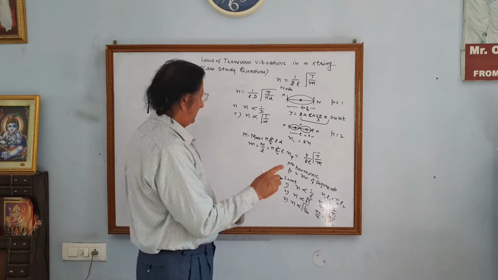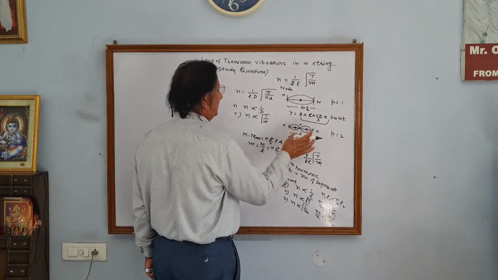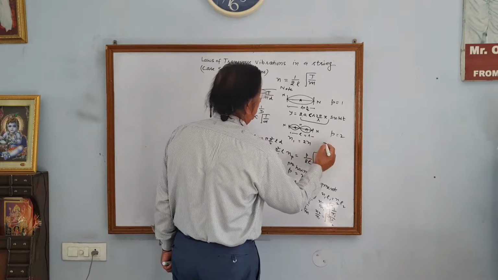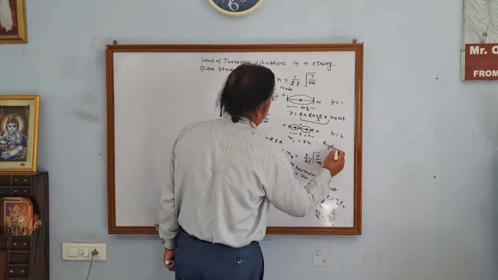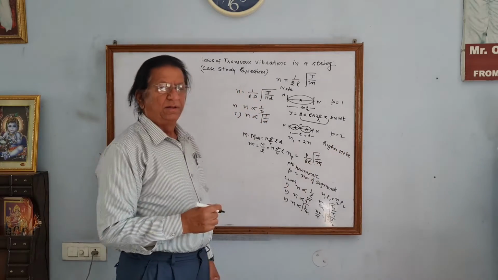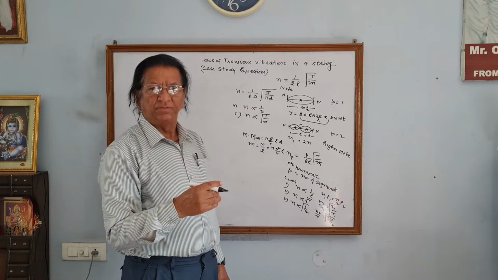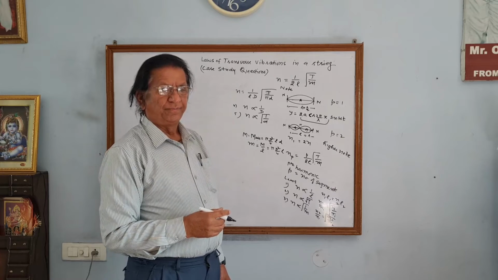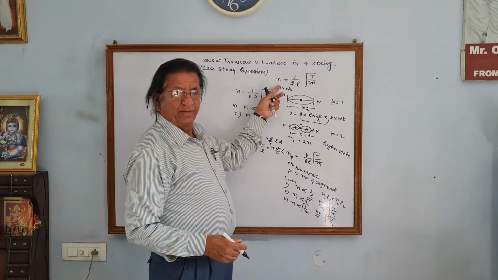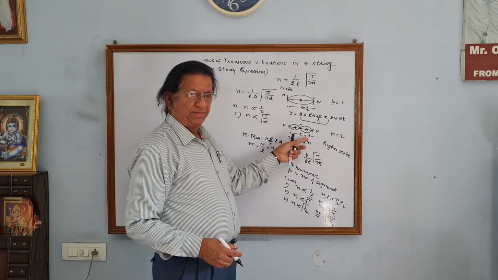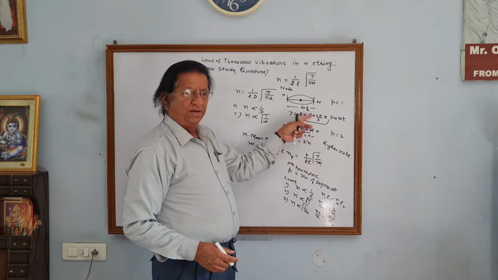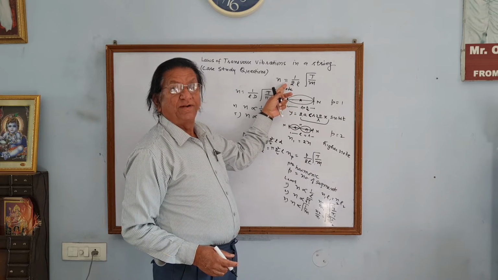When it is made to oscillate in two segments, this is the second note, the higher note. Higher note means frequency is more than the fundamental. In this case, when it is made to oscillate in two segments, the higher note has frequency double the fundamental frequency.